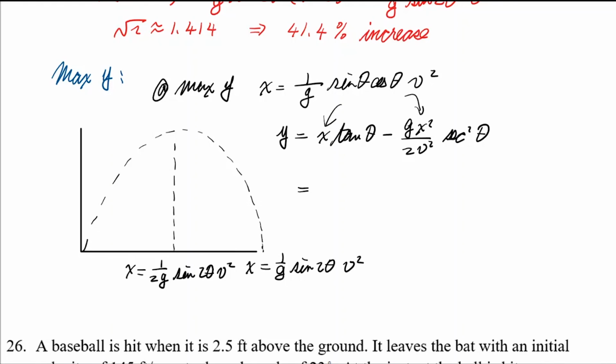Let's substitute that. So I will have 1 over g sine cosine, and then tangent is sine over cosine, so we have sine squared theta, and then v squared. So far so good.